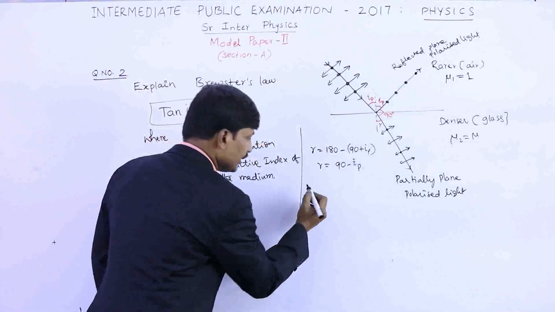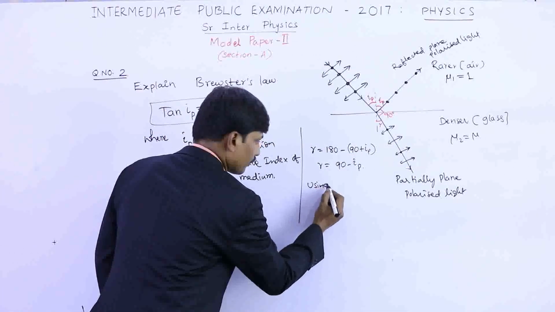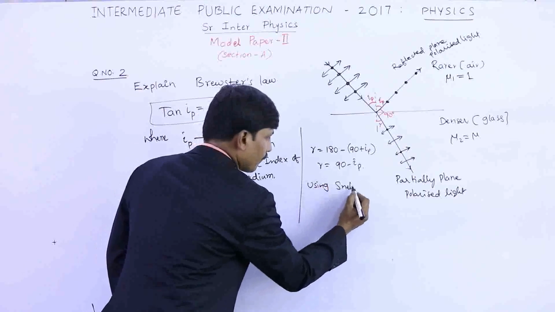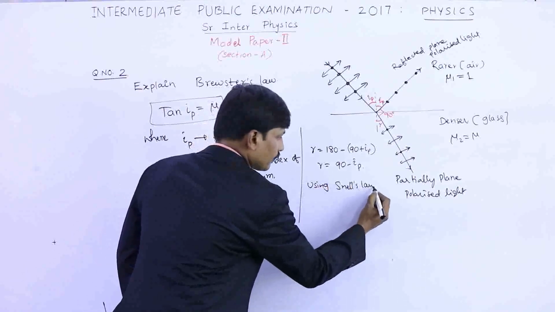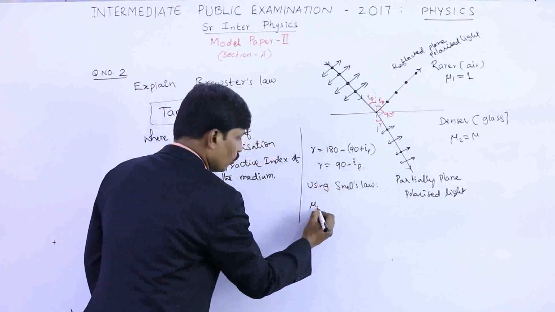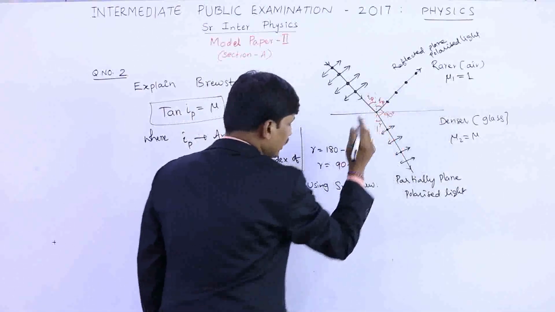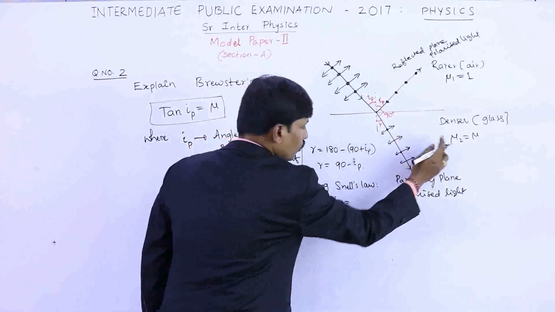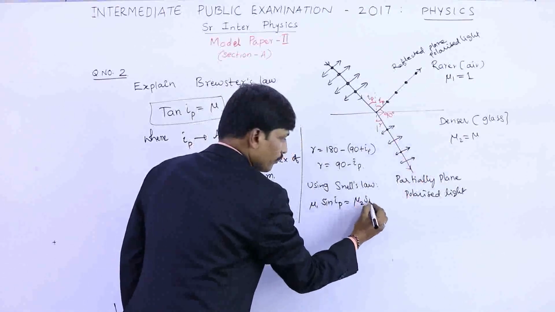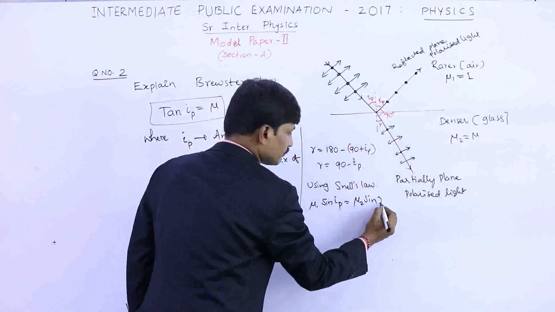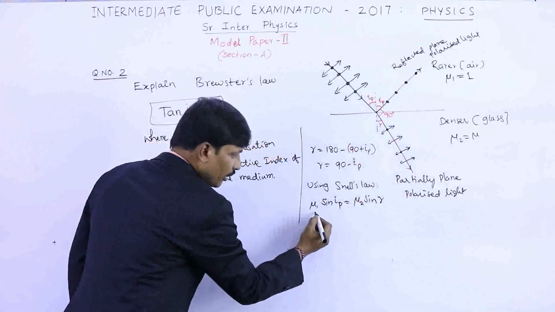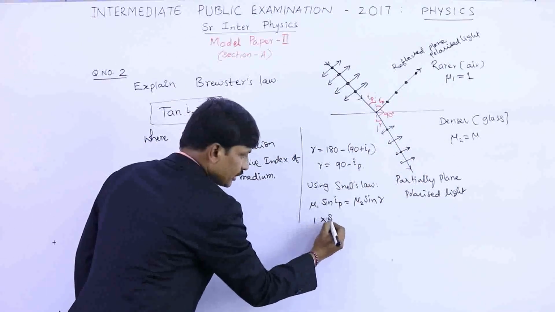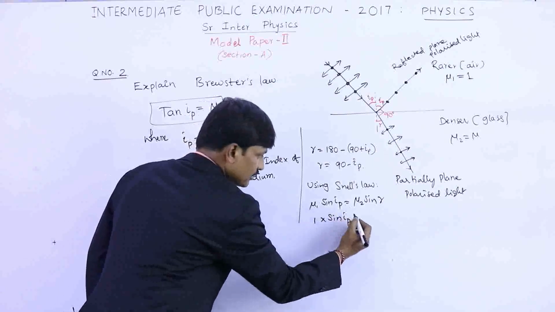Now, using Snell's law, that is mu1 sin IP equals mu2 sin R. But mu1 means 1, sin IP as it is.